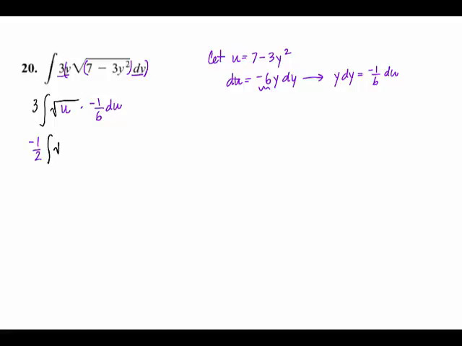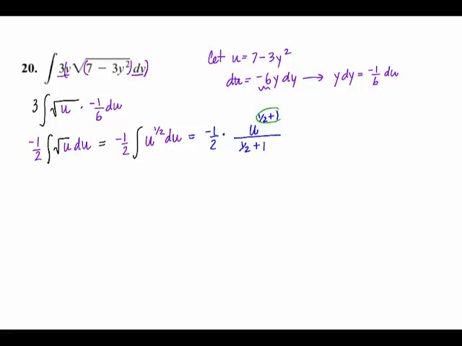times the indefinite integral of the square root of u with respect to u, which we rewrite probably as negative 1/2 the indefinite integral of u to the positive half with respect to u, and then find the antiderivative of this. The negative 1/2 is a constant, times u to the 1/2 plus 1 divided by 1/2 plus 1.